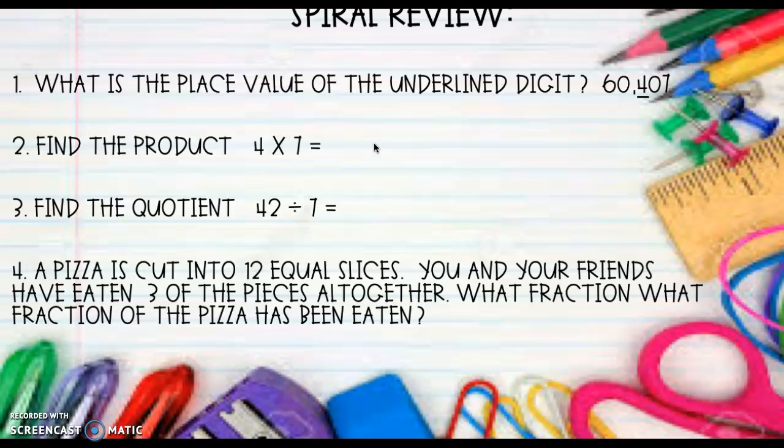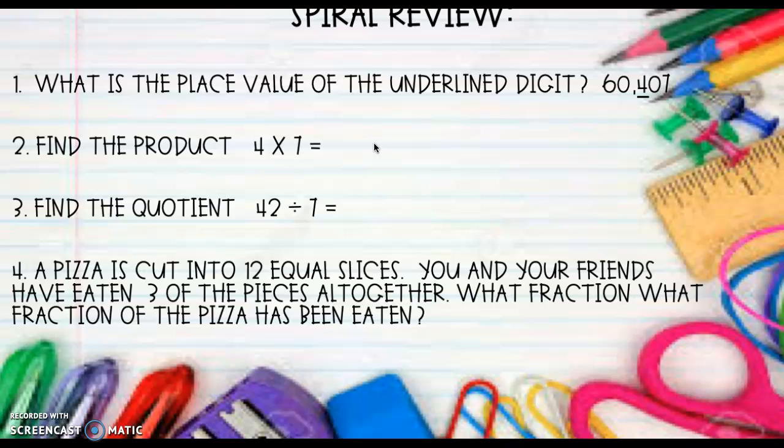Your third problem is find the quotient, and we know that a quotient is the answer to a division problem. So your problem is 42 divided by 7. You can also do a number line, or you can draw a picture, and you have to tell me what is 42 divided by 7.